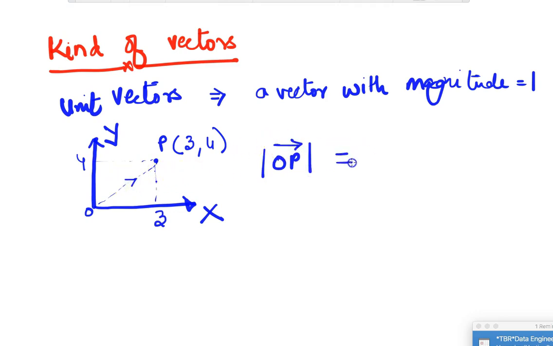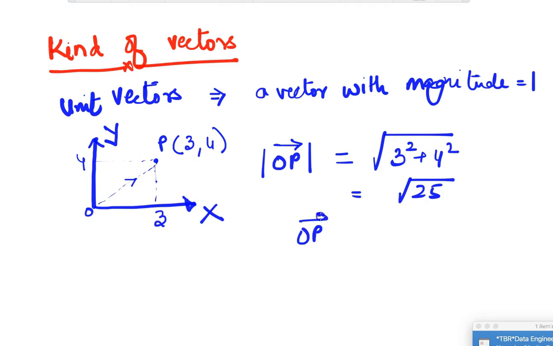The length of OP vector is nothing but the square root of 3 square plus 4 square, which is the Pythagoras theorem, which is the square root of 25. So OP vector length is equal to 5, right? So the unit vector is nothing but OP vector divided by 5.